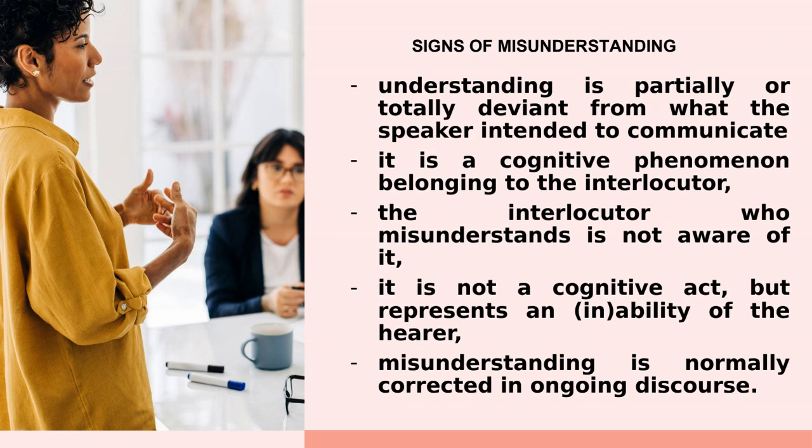It's not like you sit down and think, okay, now is the time to misunderstand something. You actually think that you follow the conversation, but then it appears that you have misunderstood part of it, for instance. And misunderstanding is normally corrected in the ongoing discourse.